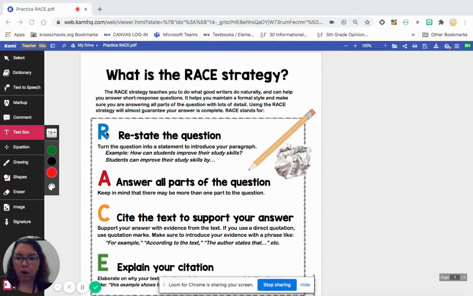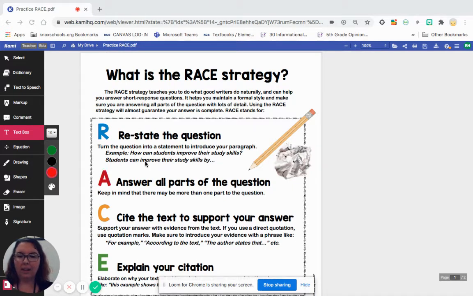If you forget what one of the letters stands for, you get all these nice reminders. The R stands for restating the question, and this is where we start every time. We look at the question first. I honestly like to look at the question before I even read the text sometimes, to know what I'm looking for. In our example, it says, how can students improve their study skills?